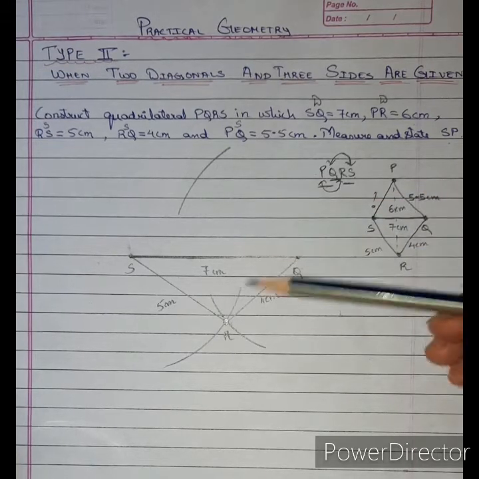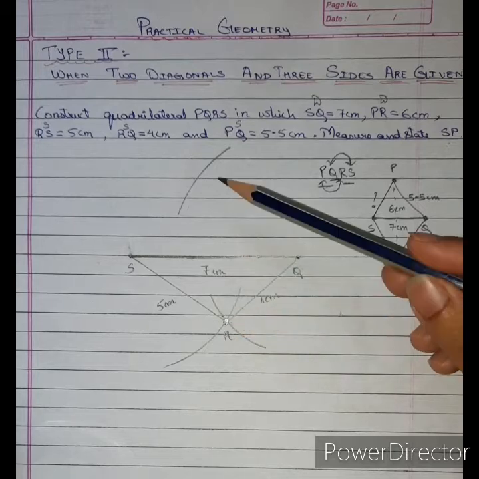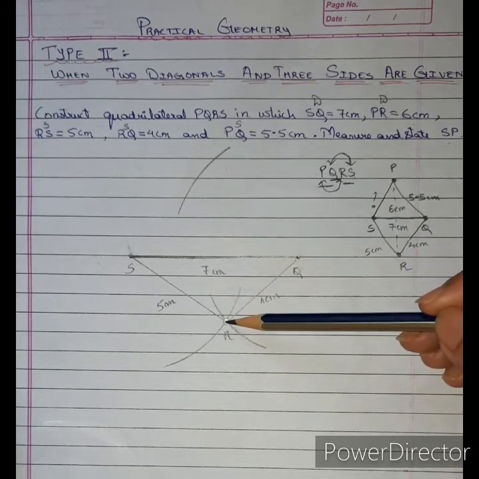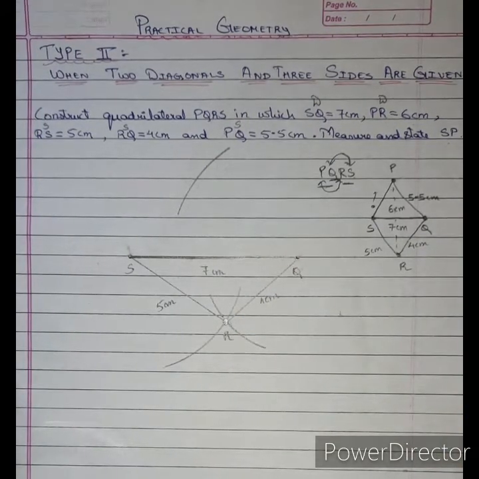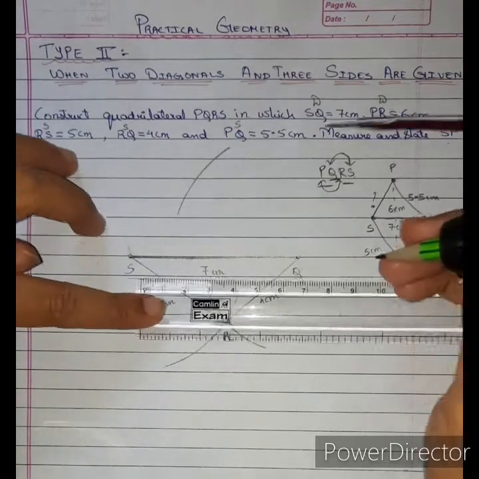But we know the measurement of the second diagonal, that is PR, which is 6 centimeter. So from R the distance should be 6 centimeter. So taking the reference point as R, I can take 6 centimeter and cut the arc again. So this is very easy.